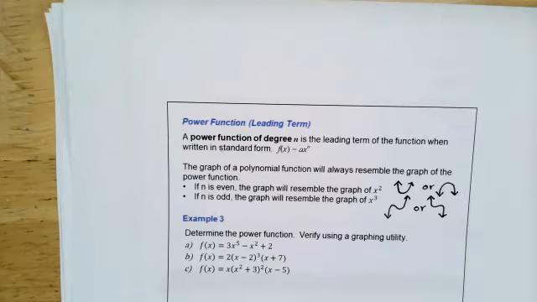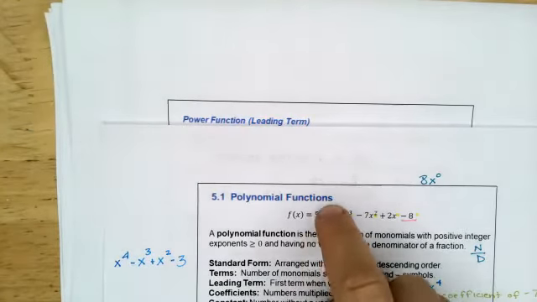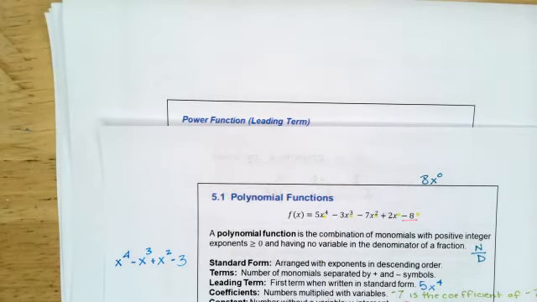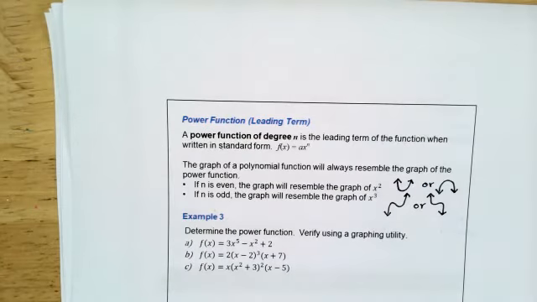So when you're looking at that leading term, 5x to the fourth, the power function is, for example, x to the fourth. Good. The graph of a polynomial function will resemble the graph of the power function.